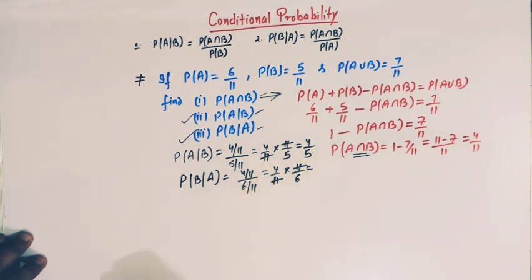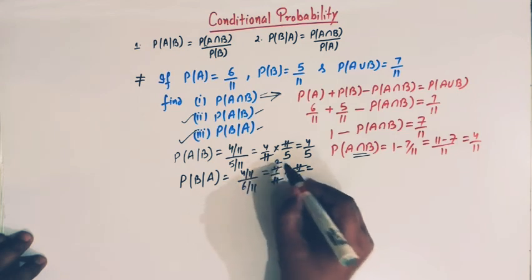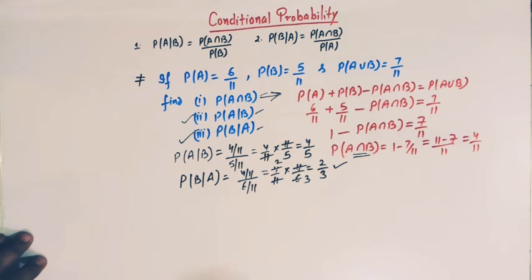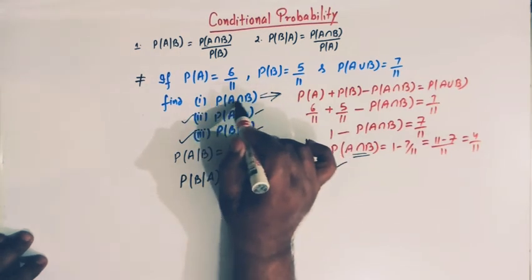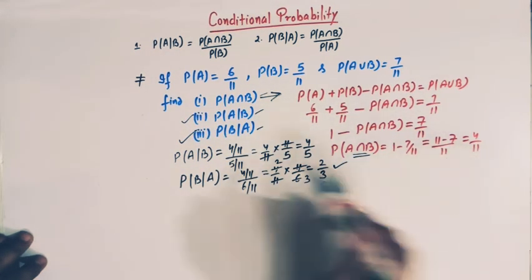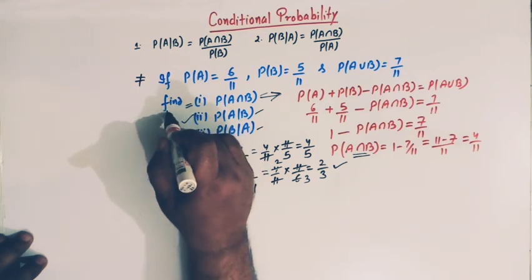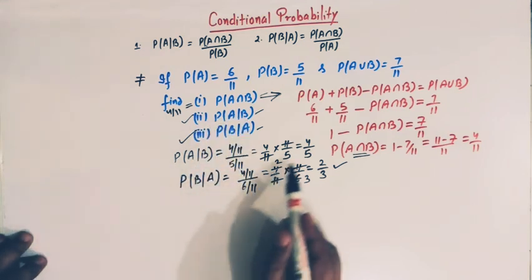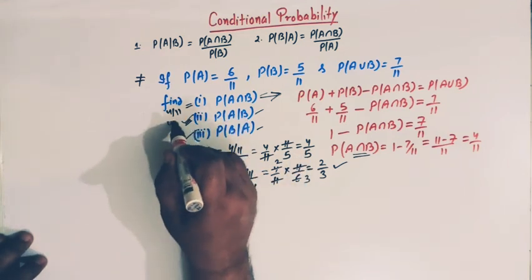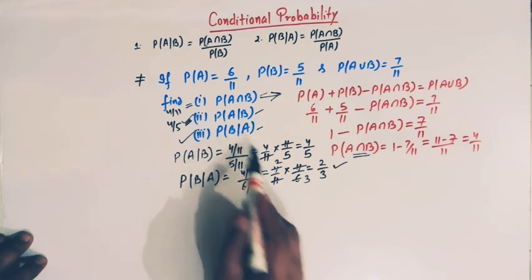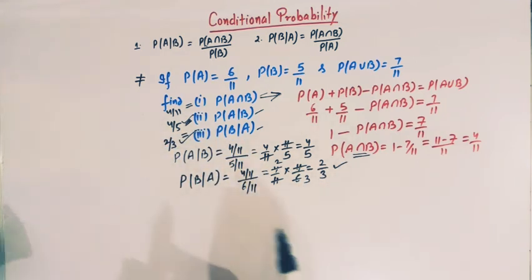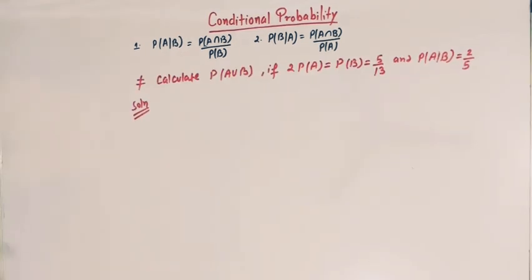So 11 and 11 get cancelled. 2 2s are 4, 2 3s are 6, so we have 2 over 3. So the value of P A intersection B is 4 by 11, P of A by B is 4 by 5, and P of B by A is 2 by 3. So this is how we solve these problems. Now let us take one more problem.